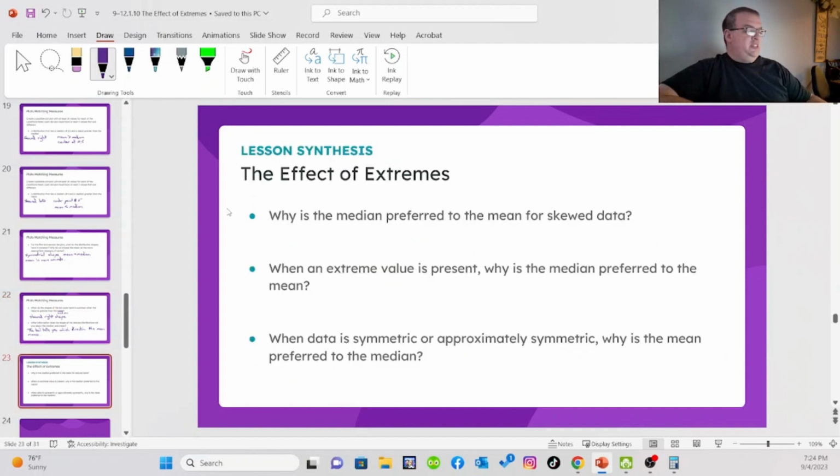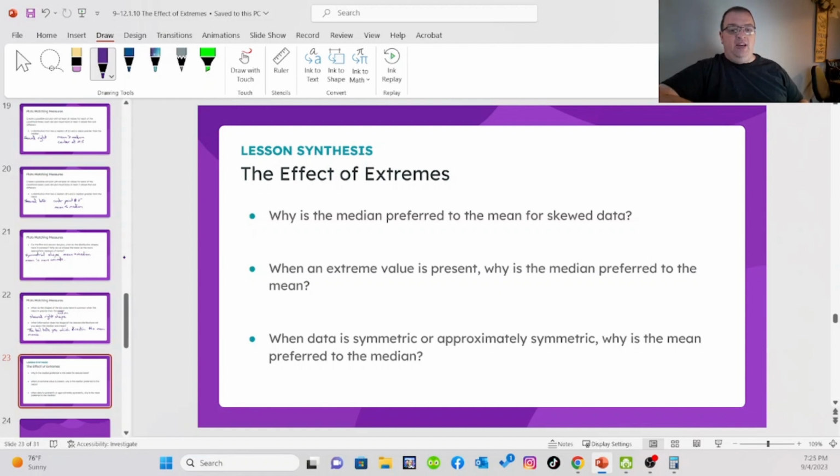So to sum up this activity, why is the median preferred to the mean for skewed data? Because the median doesn't move as much. Okay? It might move one spot to the left or one spot to the right, but it doesn't move as much.